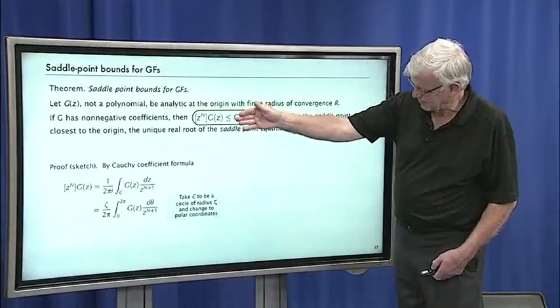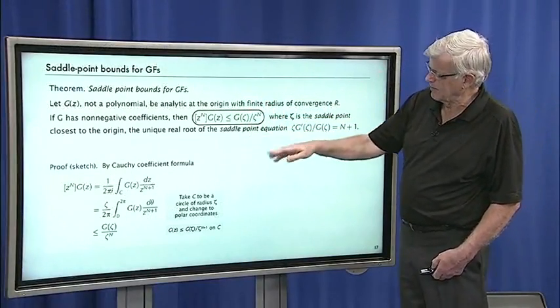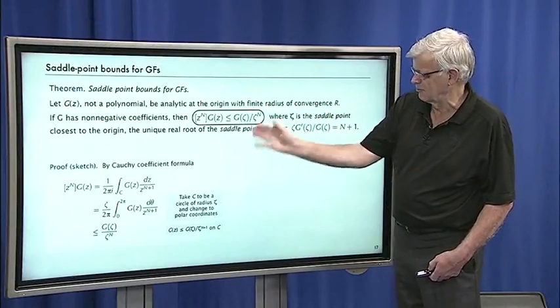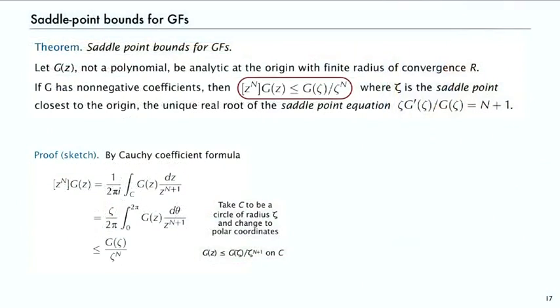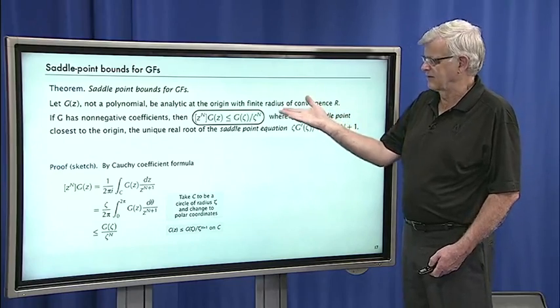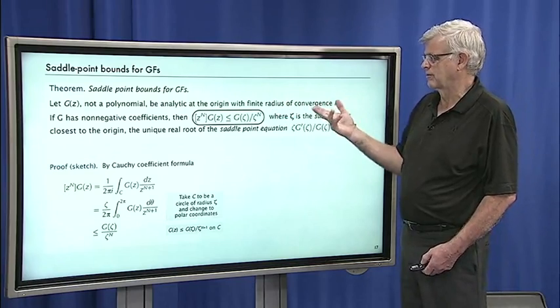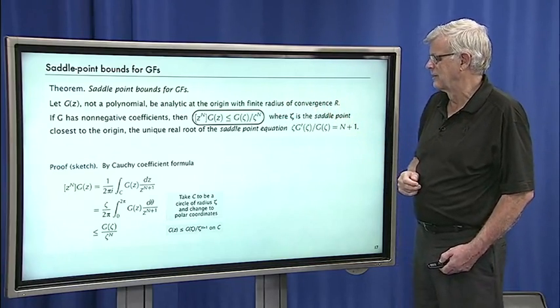Then we get an extra zeta, and if we integrate and everything's constant, the 2 pi goes away, and all that's left is g of zeta over zeta to the n. So that's an effective bound that we can use to at least understand something about the growth of generating function coefficients.